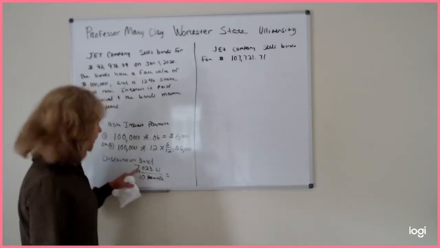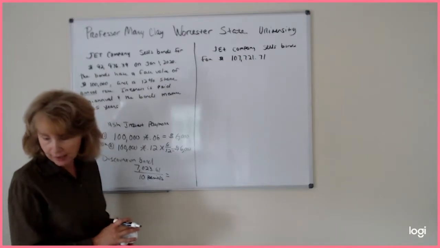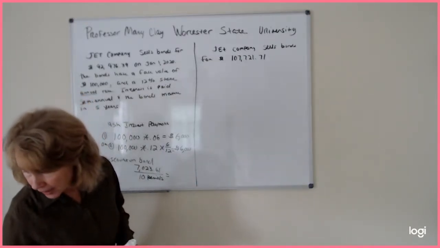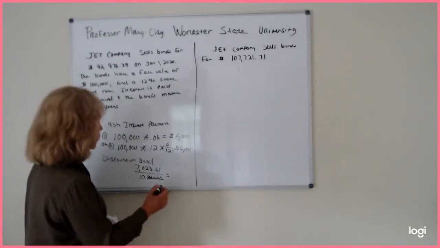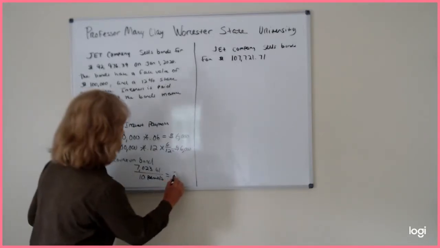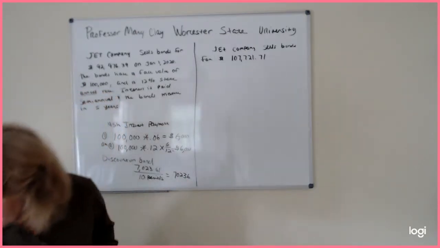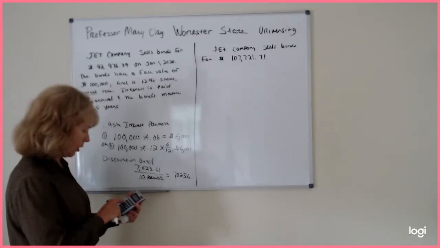So you just take 7,023.61, divide that by 10 periods. So the amortization amount is 702.36. Let me just double check.